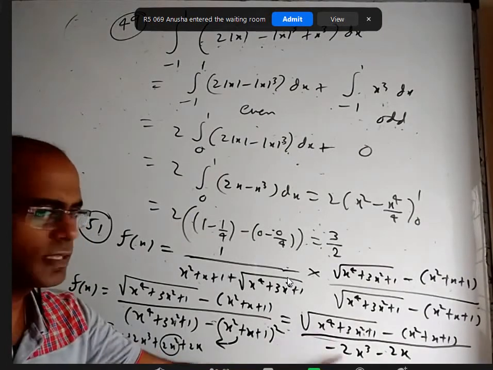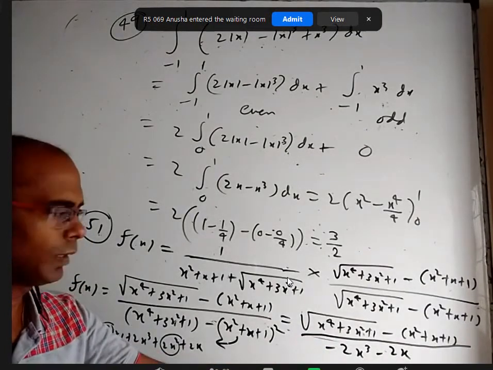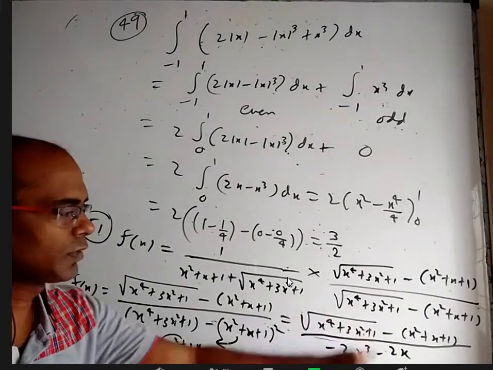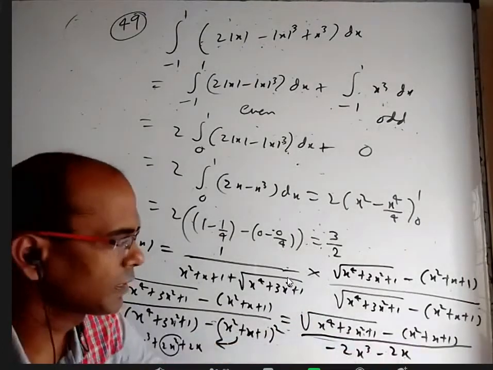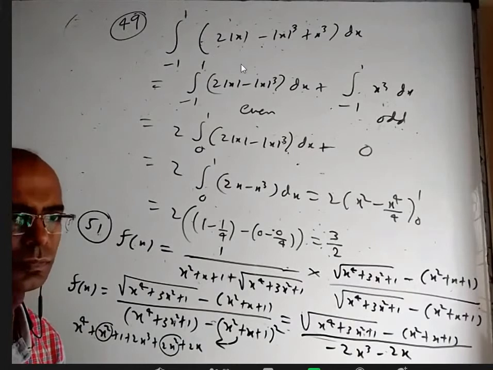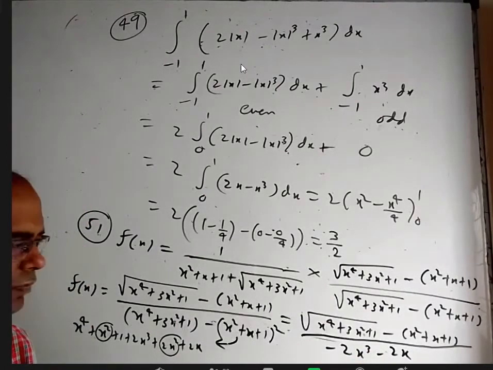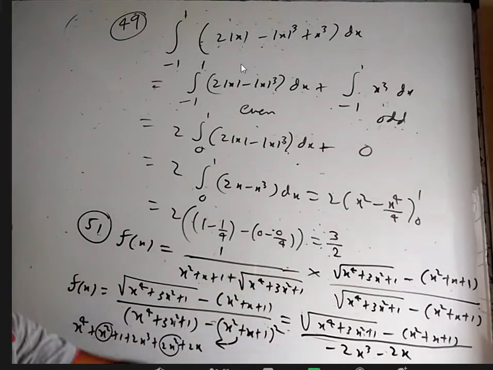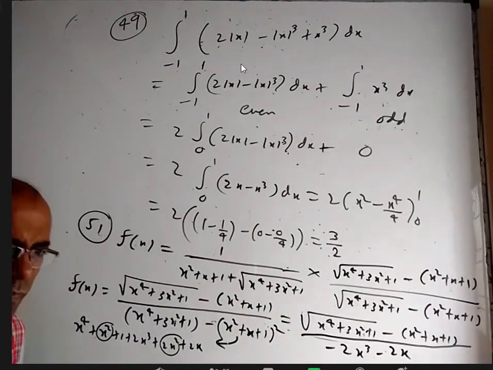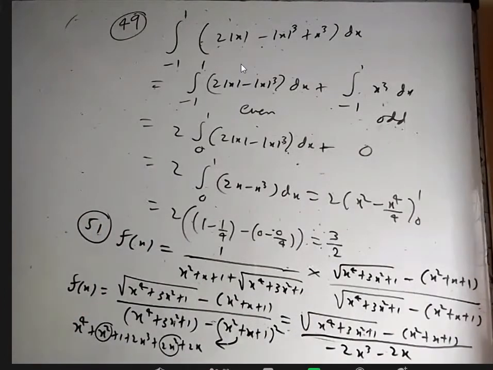This by this is difficult to integrate, but it is an odd function, so it is 0. And this by this we can integrate. This by this is neither even nor odd. Part of it is odd, part of it is even. We'll talk about that. Till now we have not done any integration. We only rationalized and simplified. Finally, we got this. 51.